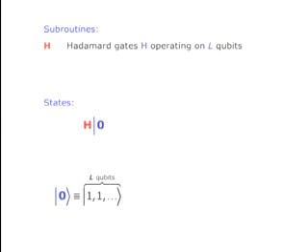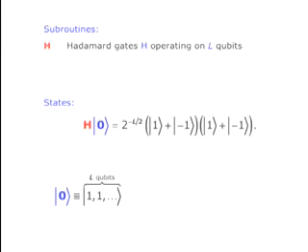The effect of H on the blank state is H on |+⟩|+⟩|+⟩ and so on, which equals 1 over root 2 to the L times (|+⟩ + |−⟩) times (|+⟩ + |−⟩), and so on, L factors in the tensor product.